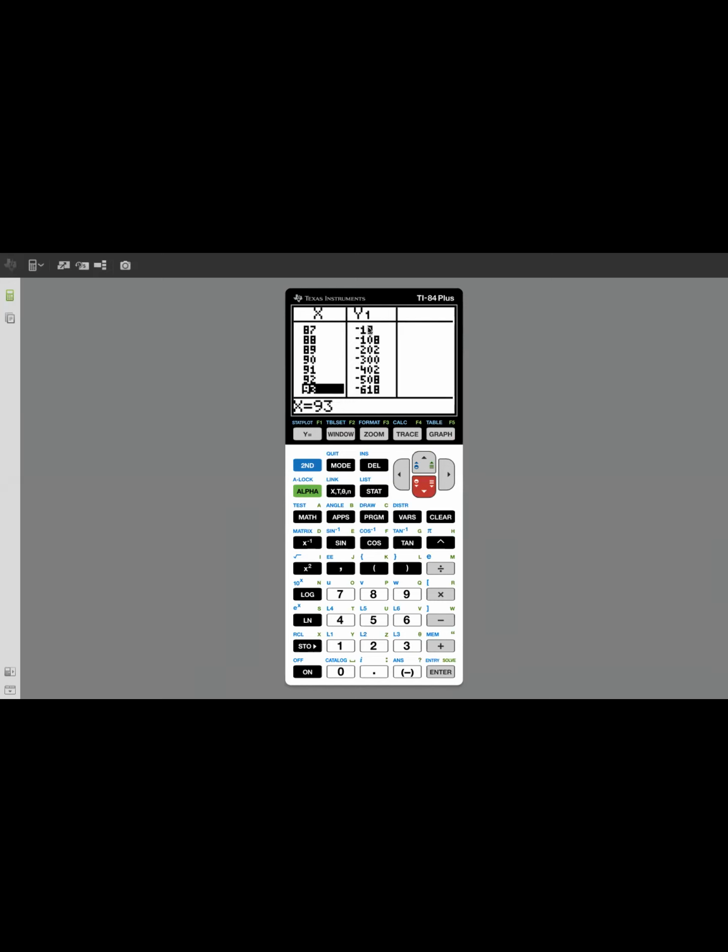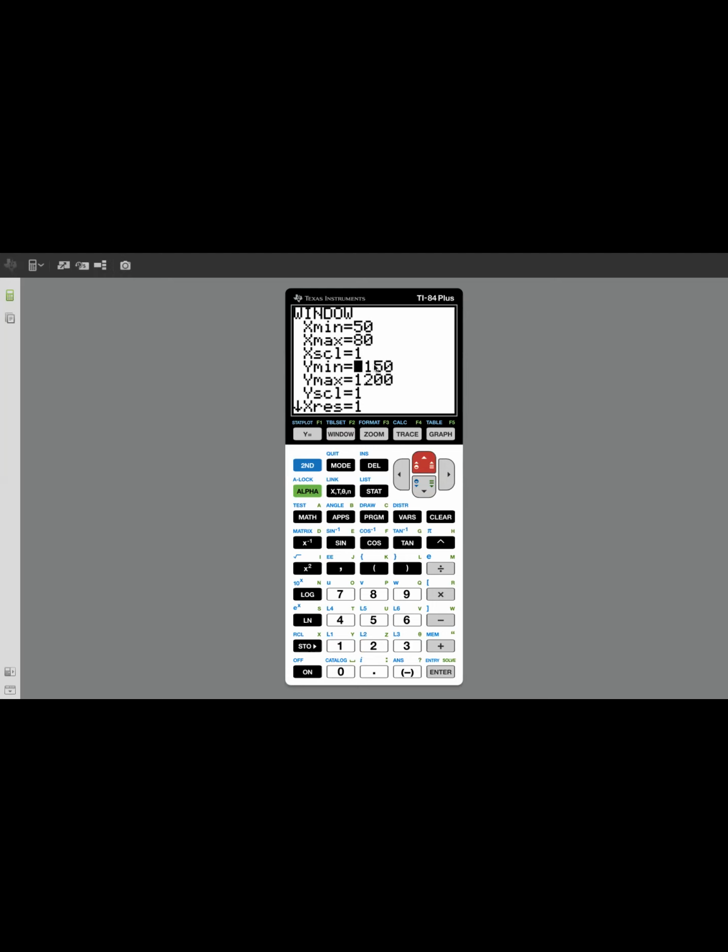All right, so let me go to my window. For my Y's, I want to see at least 950. So I'll put 1200 just to make sure I have a good range of Y values in there and can see at least 950.